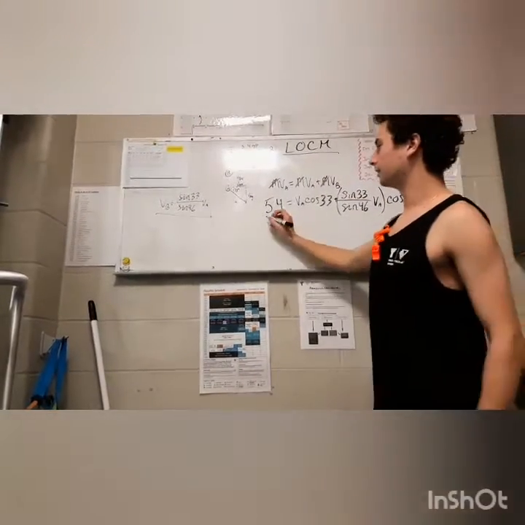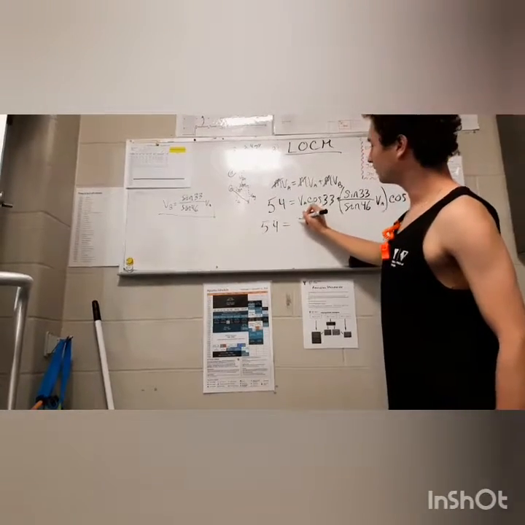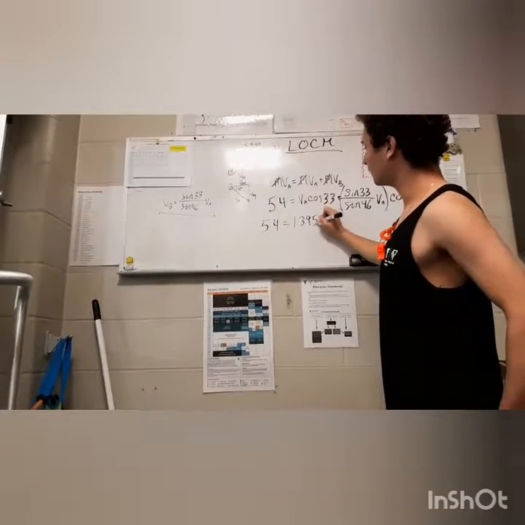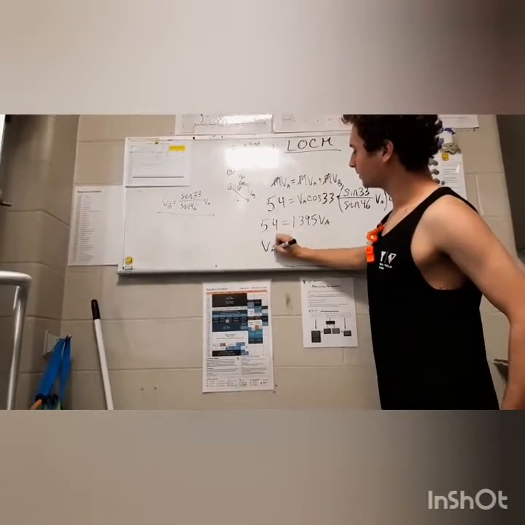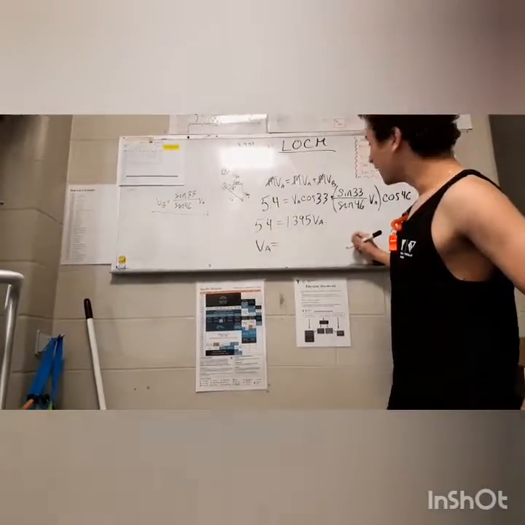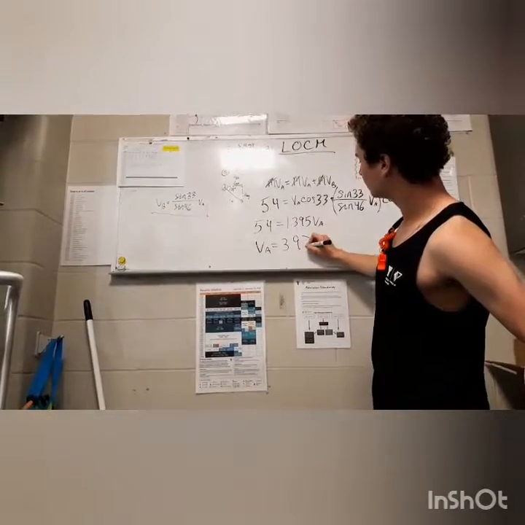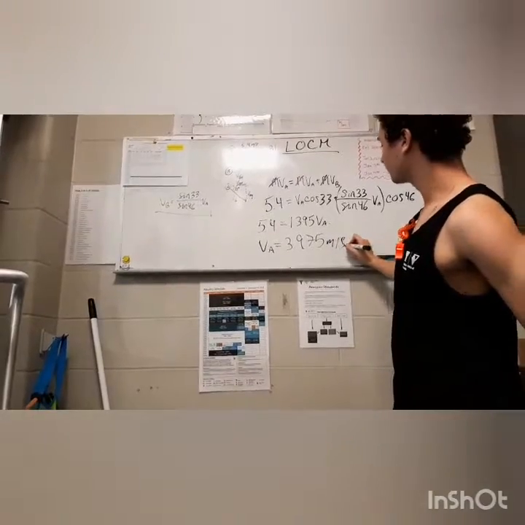I already went ahead and did all the math for that, and we're going to get 5.4 equals 1.395 VA. So that gives our A velocity is going to be 3.975 meters per second.